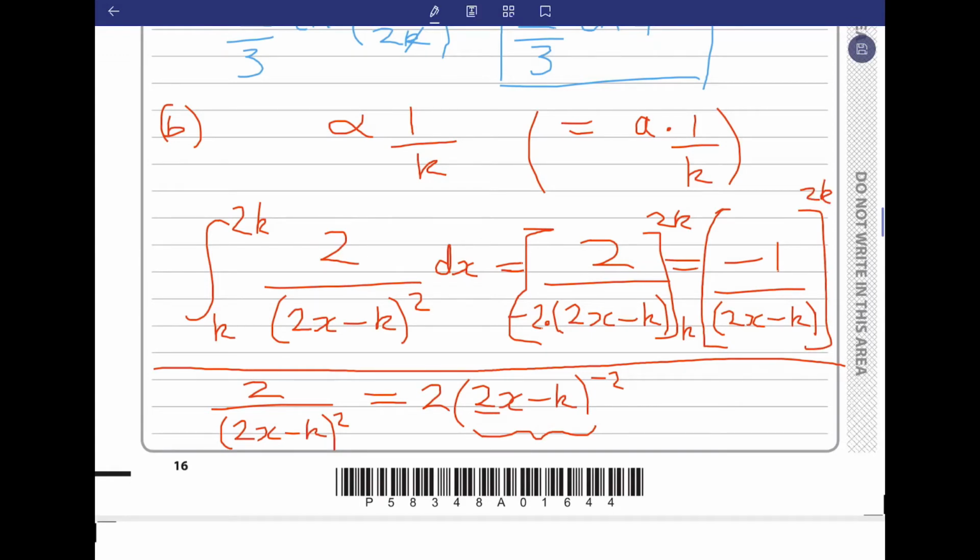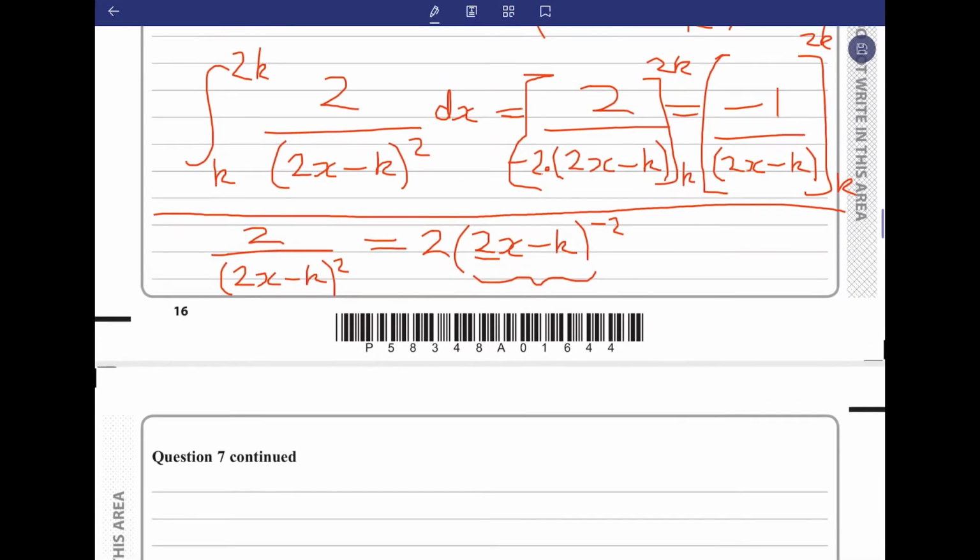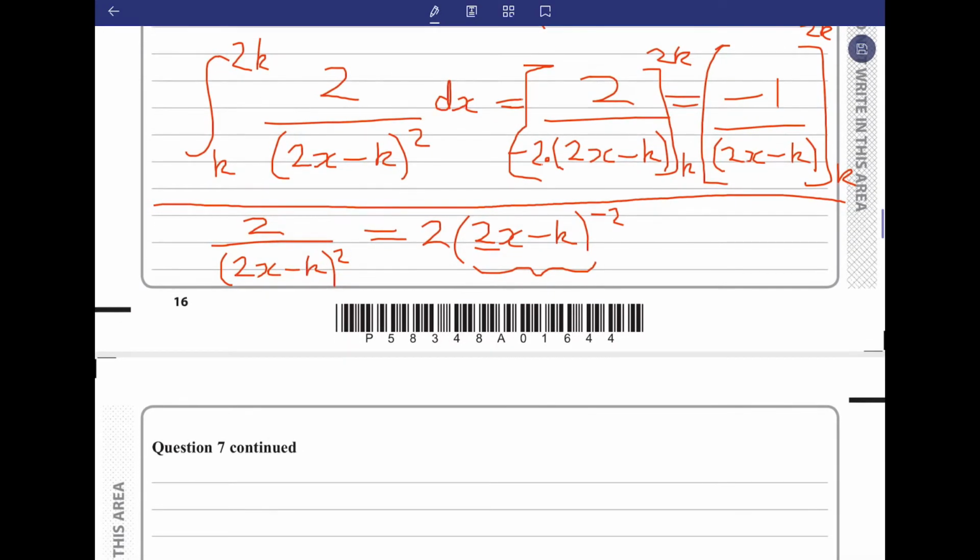Limits 2k and k. So let's carry this out on the next page. Let's keep it there so I can see. Equals, it's minus 1 over 2 times 2k is 4k minus k is 3k. And then we've got a minus of minus 1 over 2 times k minus k is k.